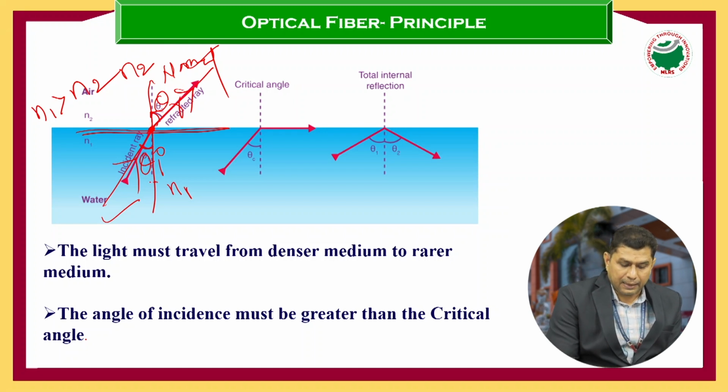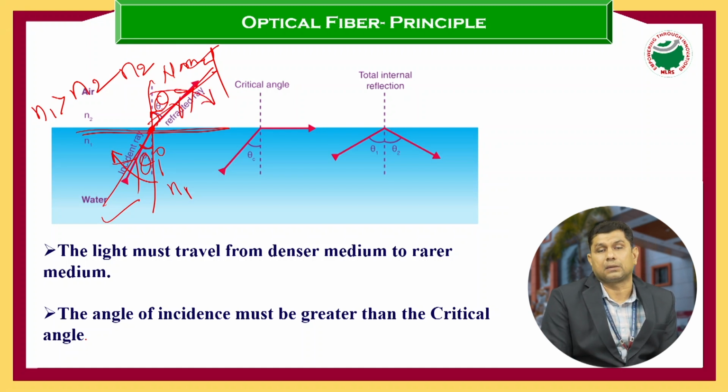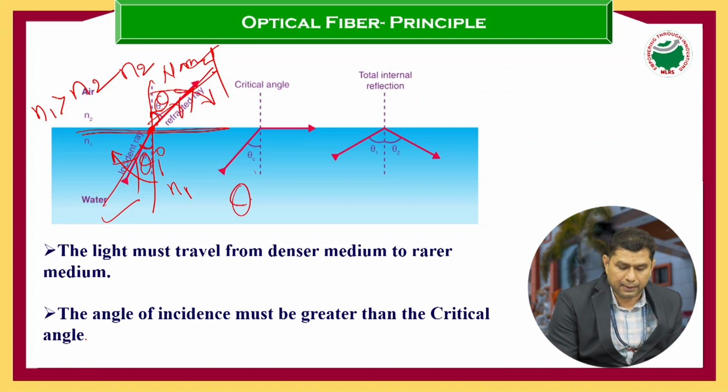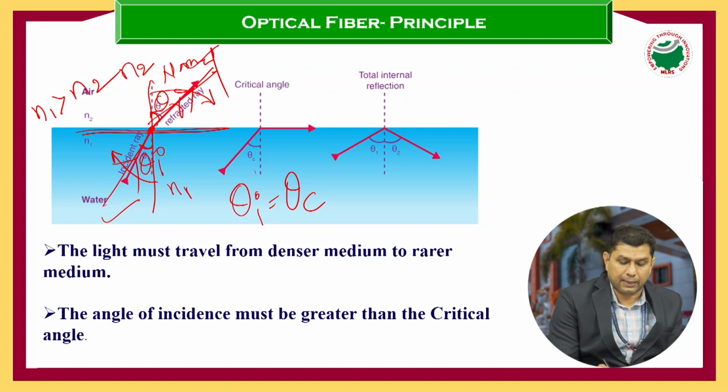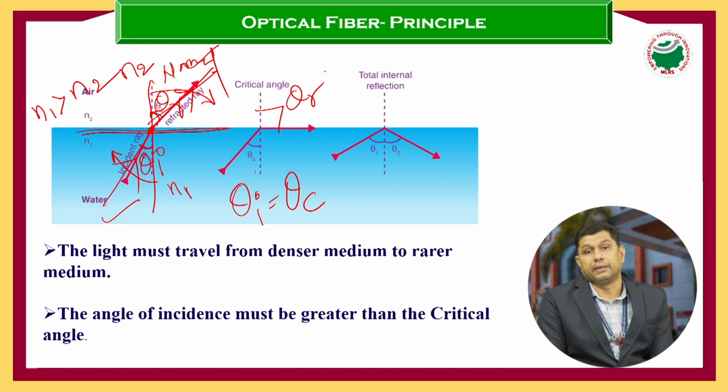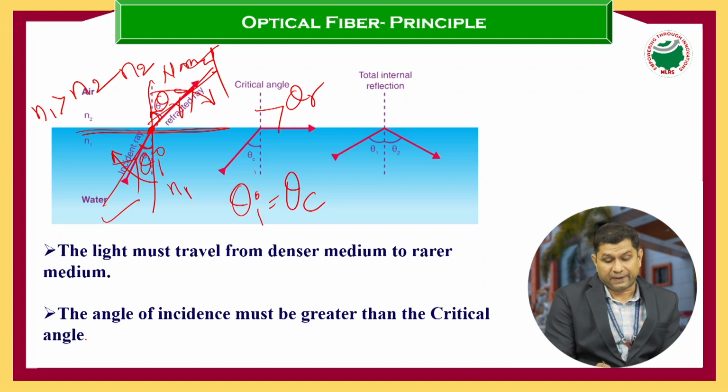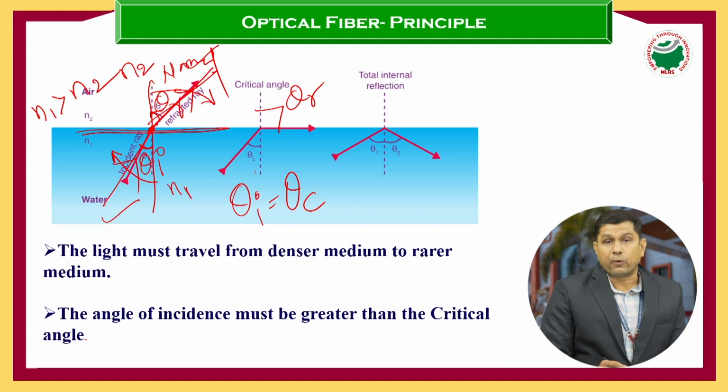As the angle of incidence increases, the refracted ray moves away from the normal. That means the angle of refraction is increasing. At one particular angle of incidence, called the critical angle, the angle of refraction is 90 degrees. What is the meaning of it? The refracted ray is passing parallel to the boundary.